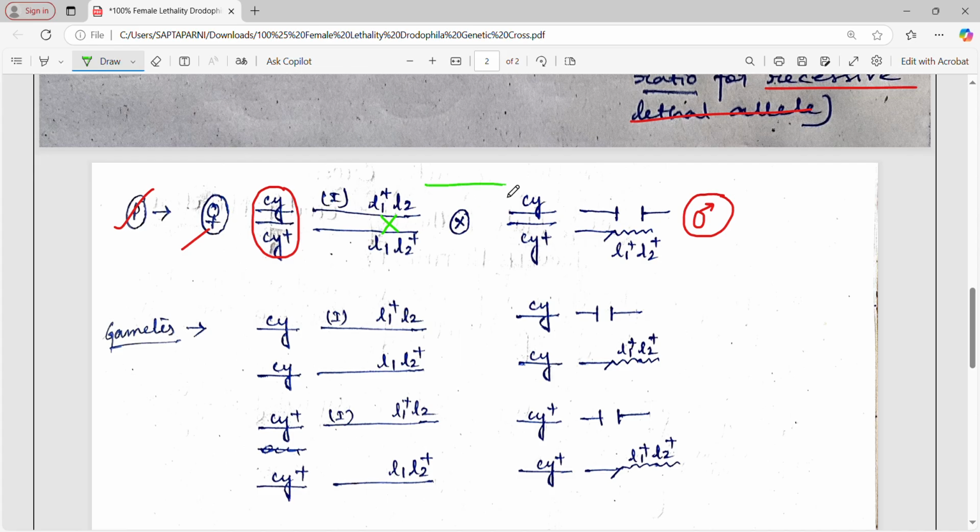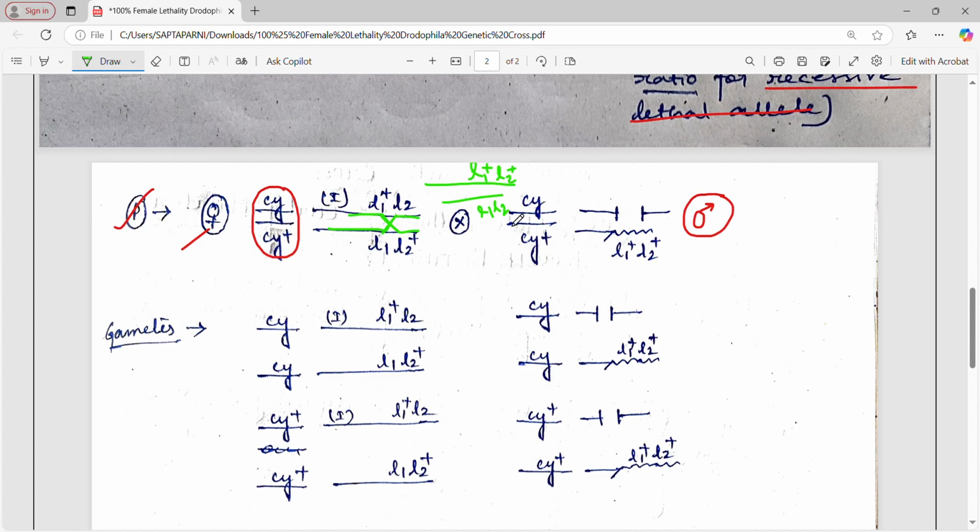One X chromosome will carry L1 plus and L2 plus, while the other recombinant X chromosome will carry L1 and L2. These two recombinant X chromosomes can be formed if recombination is allowed in the X chromosome of the mother.